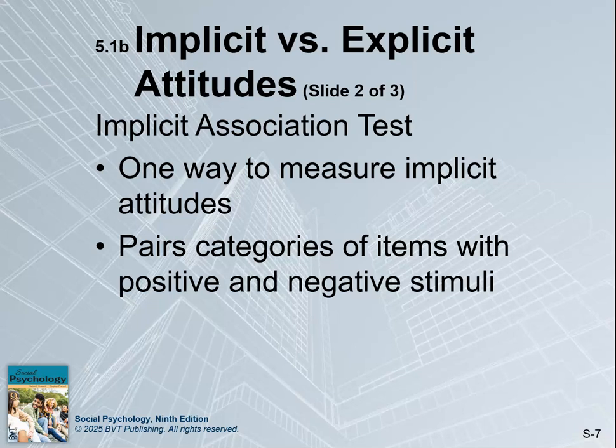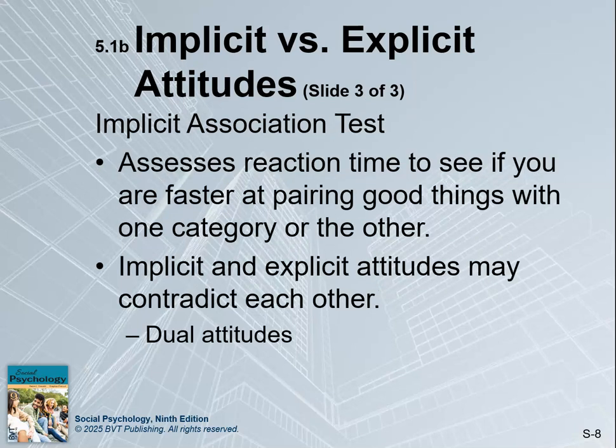So on the next slide, let's proceed a little more about implicit and explicit attitudes. The implicit association test helps us to assess our reaction time to see if we are pairing good things with one category or the other. Both implicit and explicit attitudes might contradict each other, and that is called dual attitudes.